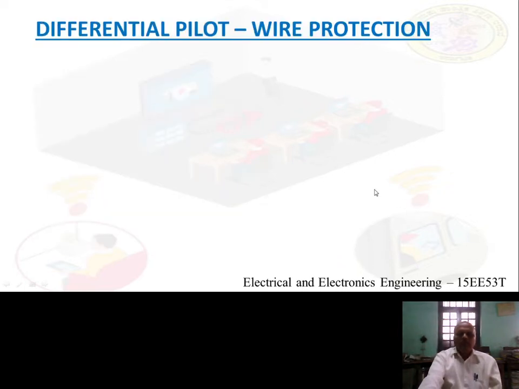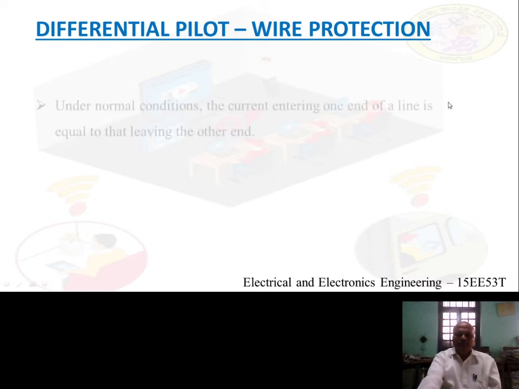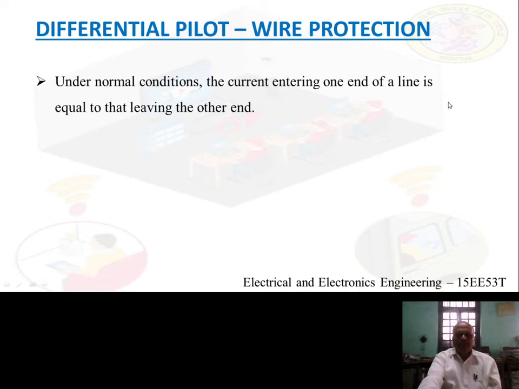Now let us come to my today's topic, that is differential pilot wire protection. In this method of feeder protection, the current flowing in the line at the two ends where the circuit breakers are fixed is compared. Under normal conditions, the current entering one end of the line is equal to that leaving the other end.